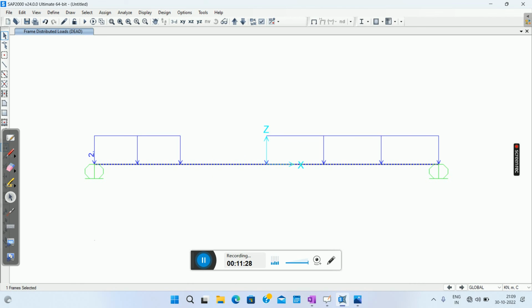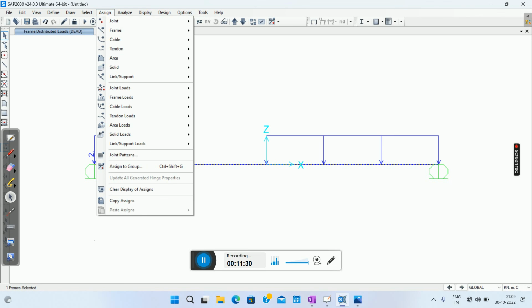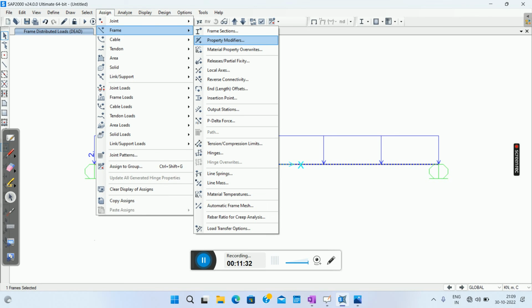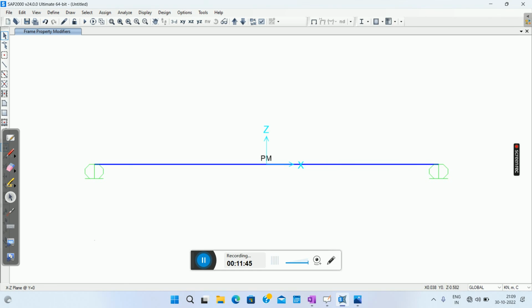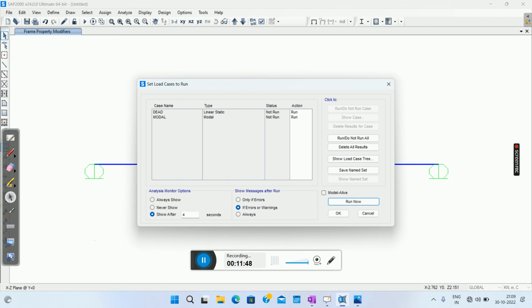Select this beam, go to assign, frame property modifier. Here weight: we have to neglect the self weight of the beam, so make weight as 0. Apply, close. Then go for analyze, only for dead load.